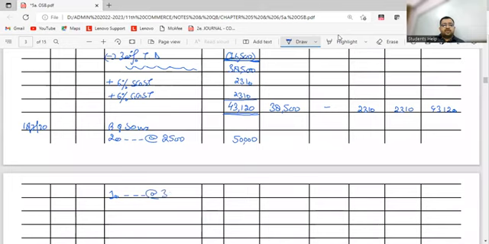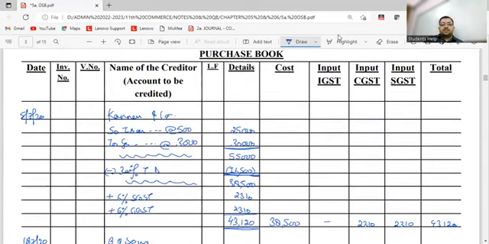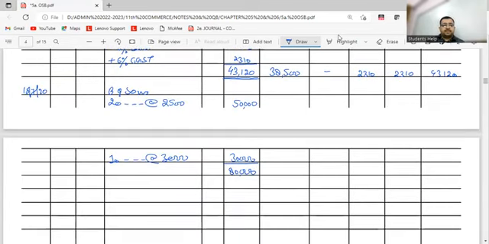What is 10 into 3,000? 30 plus 50, children: 80,000. How much do we have trade discount? 10%. So we'll subtract 10% trade discount. It lands up to 8,000. And what is 80 minus 8? 72. And here we do not have CGST, SGST.